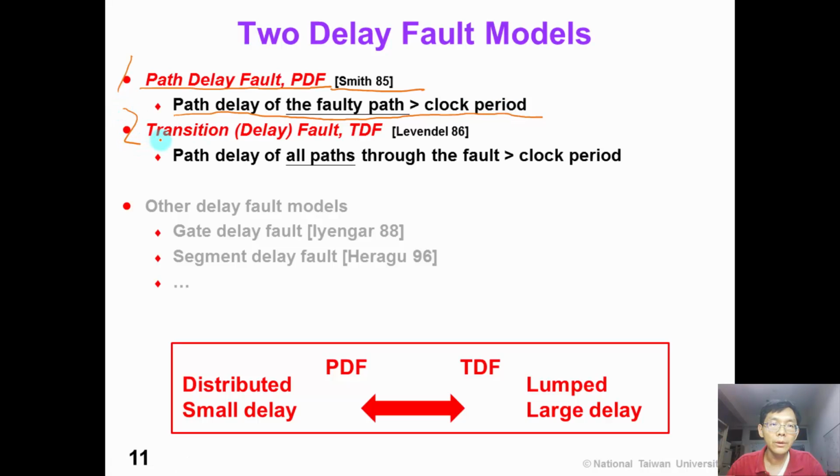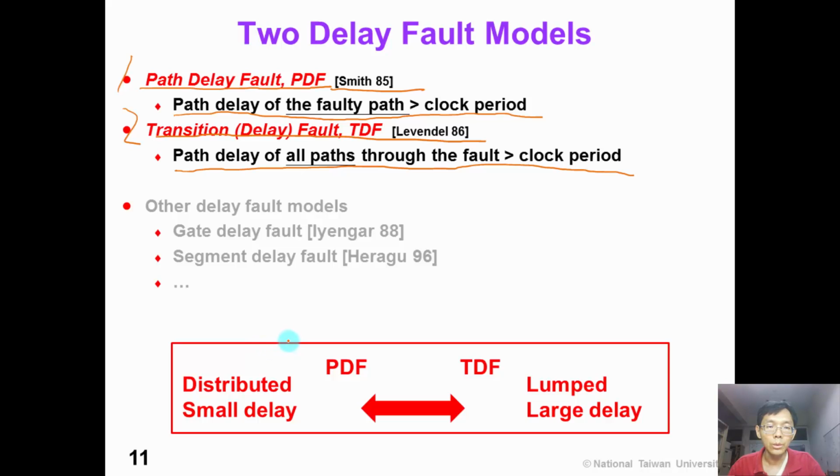The second delay fault model, transition delay fault model, or TDF, was proposed in 1986. The transition delay fault model is sometimes simply called transition fault model. A transition delay fault assumes that the path delay of all paths through the fault is larger than the clock period.